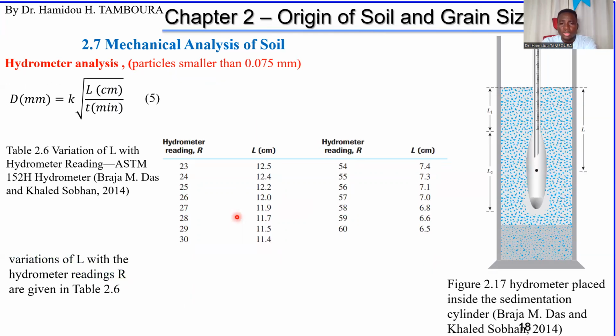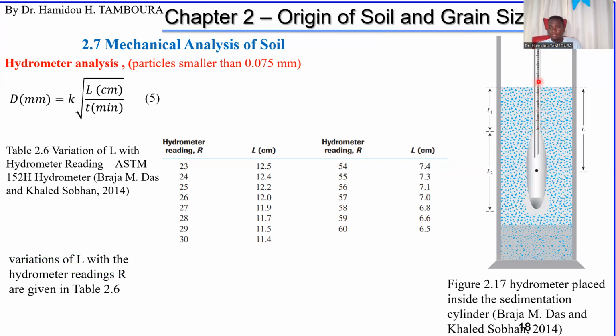So briefly, let me re-explain how you do the hydrometer analysis. The hydrometer will give you the specific gravity. You see the marks on this hydrometer, right?